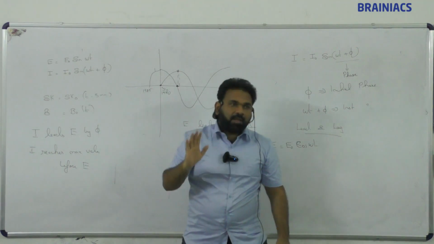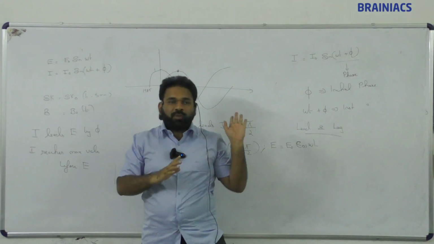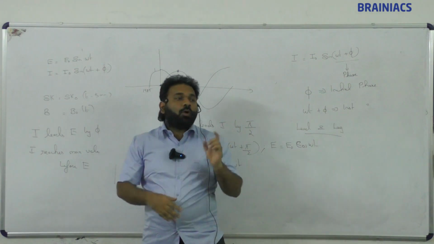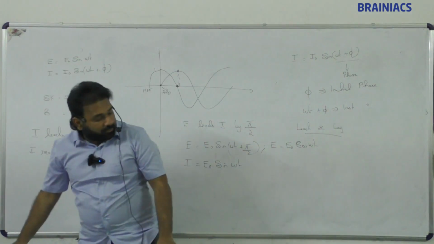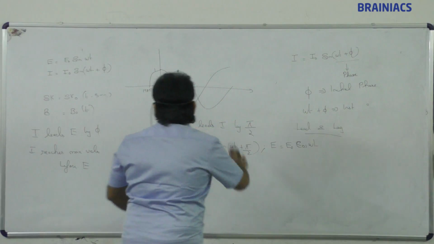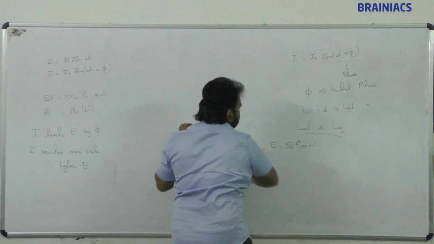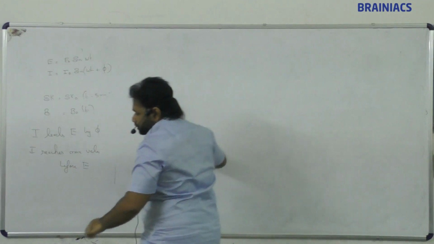RMS value. Okay, so heating effect we are making use of in order to measure current as well as voltage in hot wire ammeter and hot wire voltmeter. So the measurement devices which we are using for measuring AC are hot wire ammeter and hot wire voltmeter.